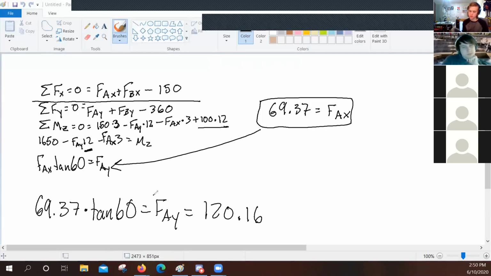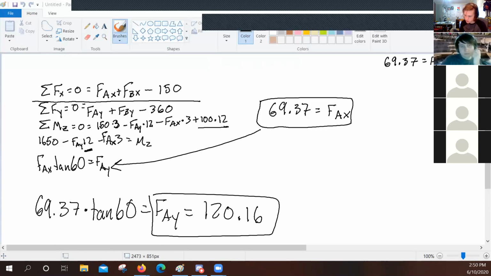Okay. Dope. Look at that. We have two variables, so I'm going to write them up here. 69.37 equals Fa of x, and 120.16 equals Fa of y.